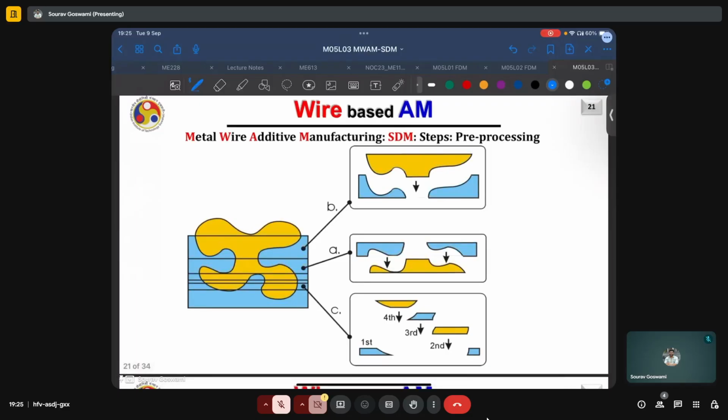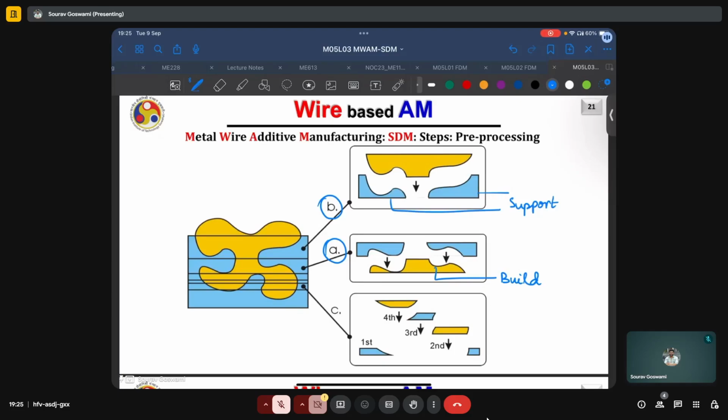For the slice B, what we can see is that the support material is deposited first, followed by depositing the build material in yellow. However, for the slice marked by A, the build material is deposited first, and only then the support materials can be deposited.